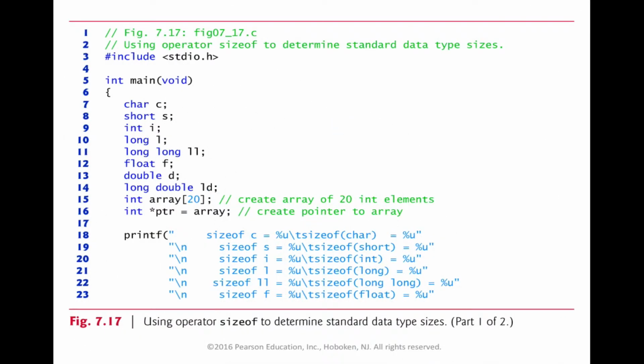So the first thing that we've done in our main method is we've declared a variable of every type. So we have a character, a short, an int, a long, a float, a double, a long double, an array of 20 characters, and a pointer to that array. And essentially, we are going to call printf. We're going to get the size of character, the size of short, the size of int, the size of long, the size of float.